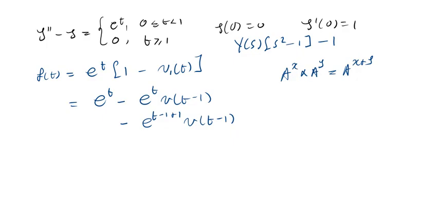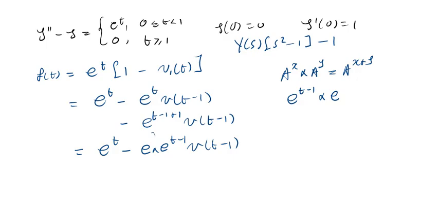So this arrangement here simply means you had e to the t minus 1 multiplied by e to the power 1, like that. So you're going to have e, then you have e to the t minus 1 u of t minus 1, like this.